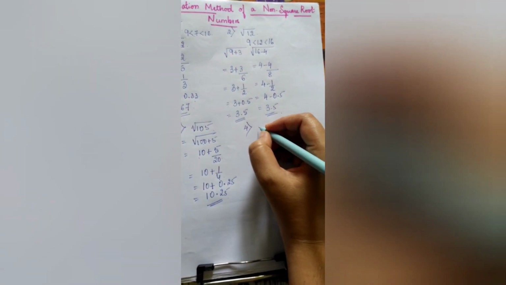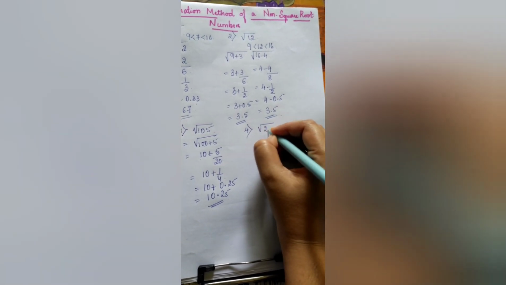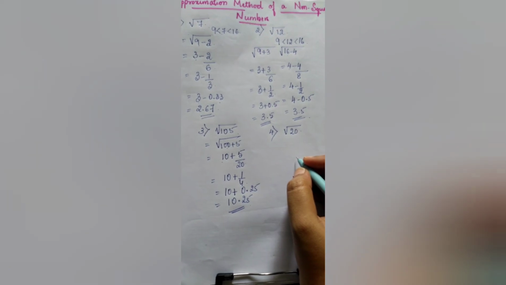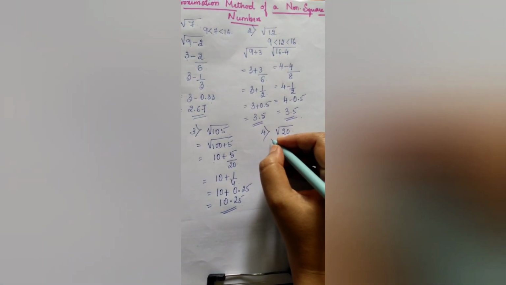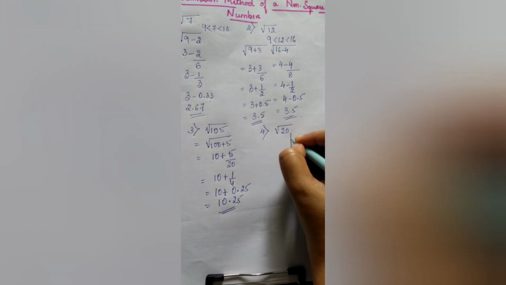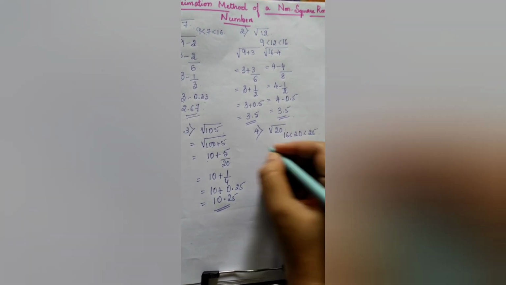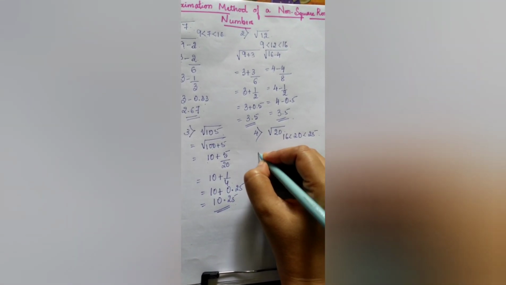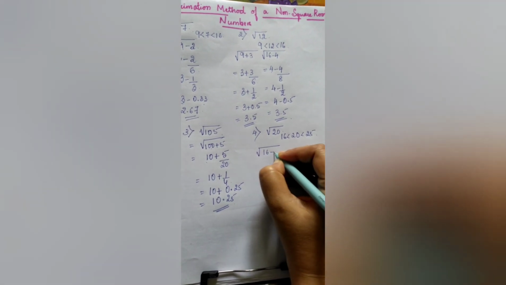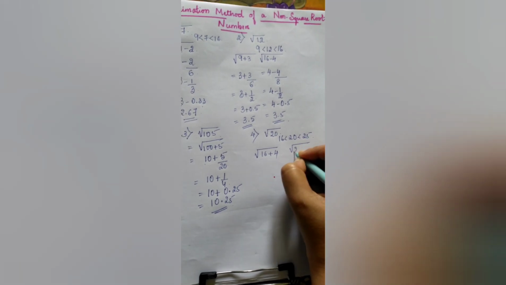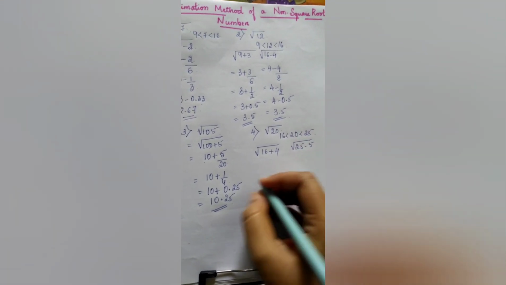Take another number, square root of 20. So 20 is not a perfect square number. So it lies between 16 and 25, right? So you can do either 16 plus 4, or you can do 25 minus 5.